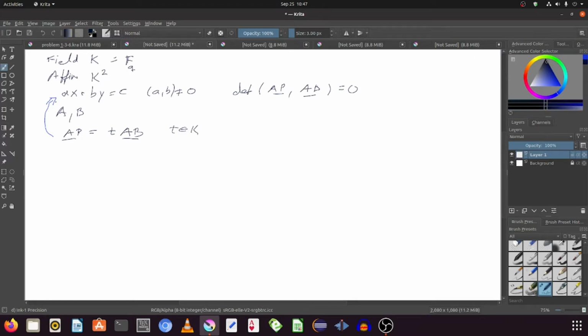I think it would also be nice to see that for any field, there are two solutions to this. So if A is distinct from 0, then we have at least two values for y.